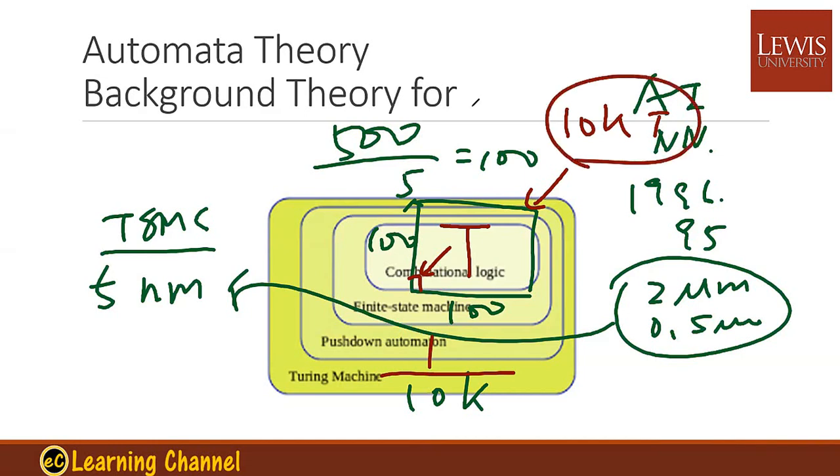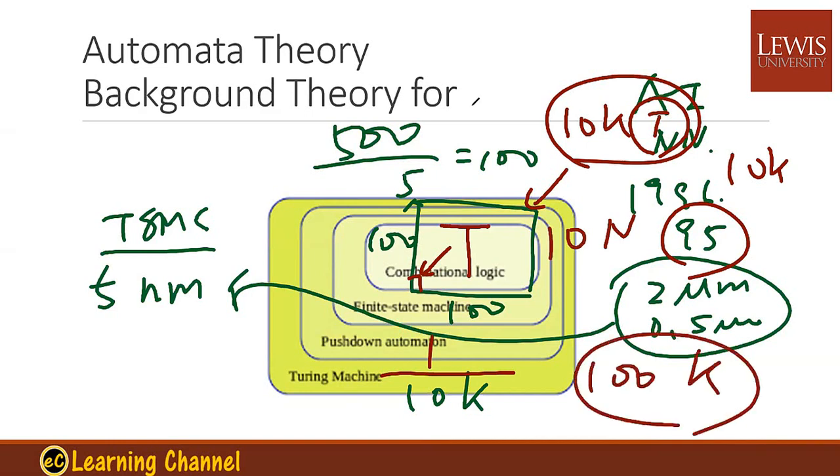So your computing power grows by 10K. Okay. So in 95, maybe we put 10 neurons over there. Now we have 100,000 neurons over there.